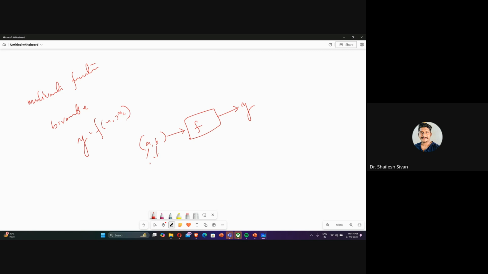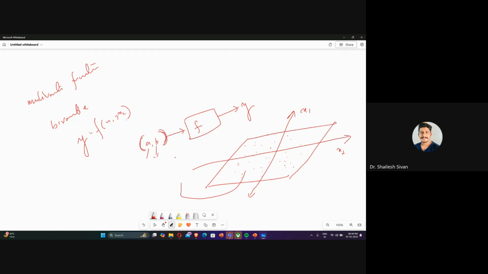So how will you represent the domain for this function? I can represent this domain as a plane. Here it is x1, here it is x2. Any point on this particular plane can be an input towards this function.